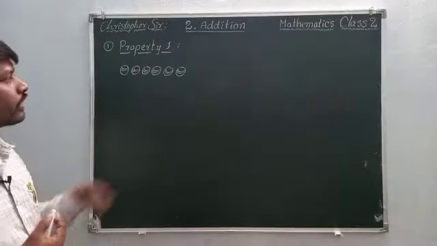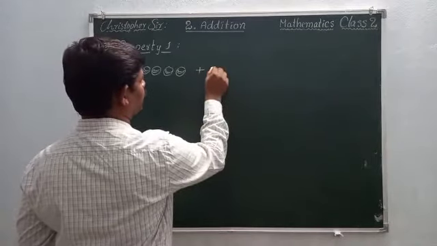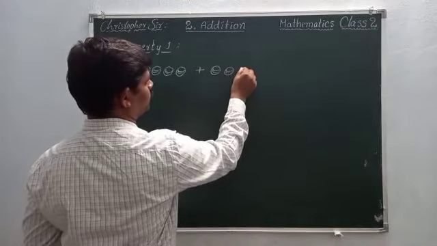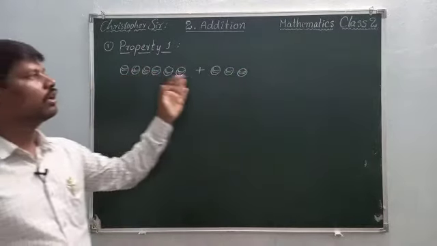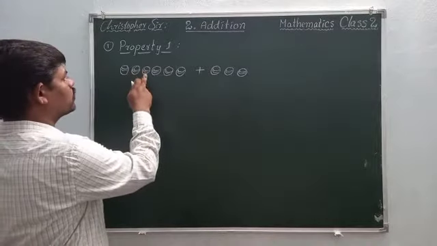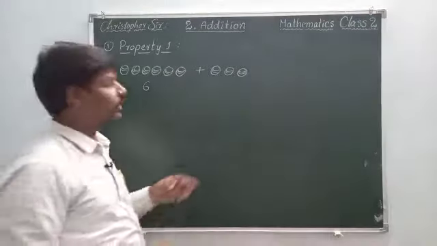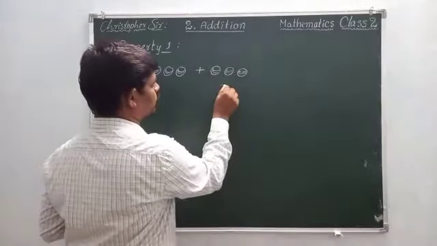Now we are adding 6 balls and 3 balls, so add 6 plus 3. How many balls are there here? 1, 2, 3, 4, 5, 6. Right, here 6. And here how many balls are there? 1, 2, 3. So 3.